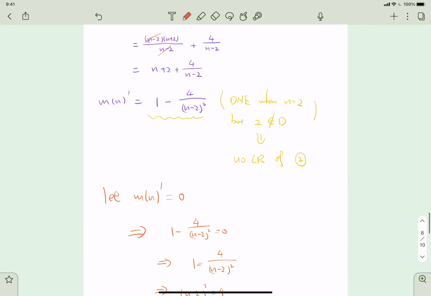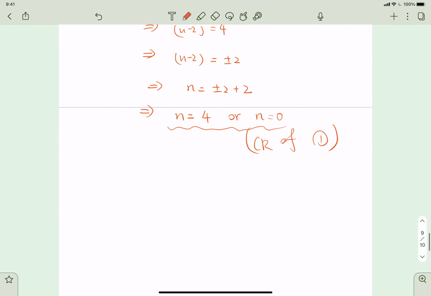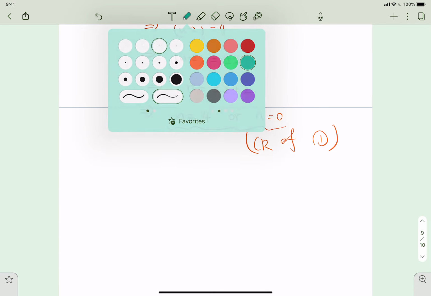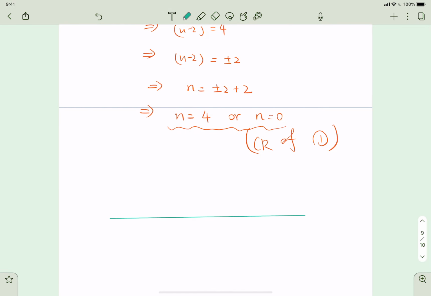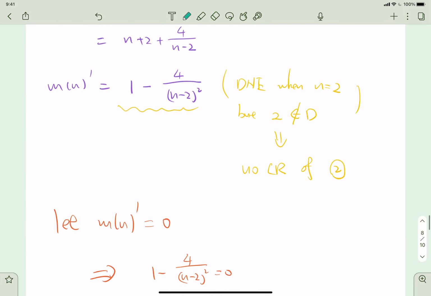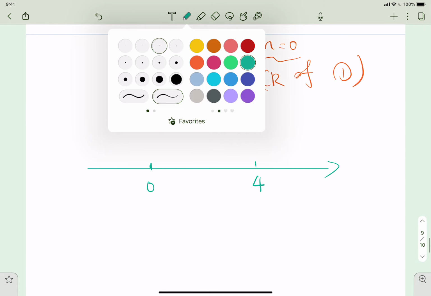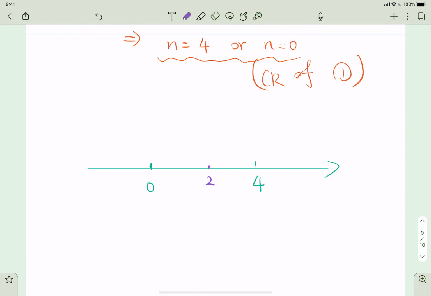Okay, so after having these critical numbers, we draw the number line and place all the critical numbers on the number line. That is 0 here, and 4 here. But don't forget this guy here, n equal to 2, right? That's when the derivative does not exist. So 2 is also here.